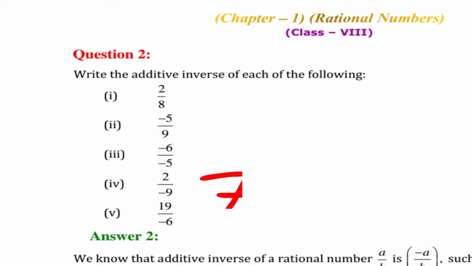So the negative of a number is the number which, when added to the number, must give us 0. That's called the negative of a number or additive inverse. The additive inverse of 7 is minus 7, because when we add them up, they give 0 as the answer.